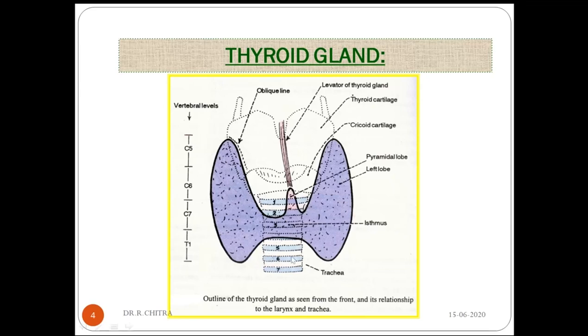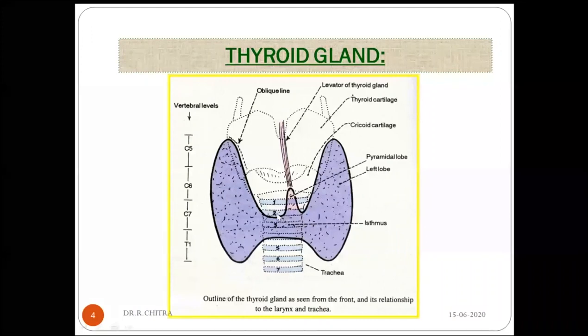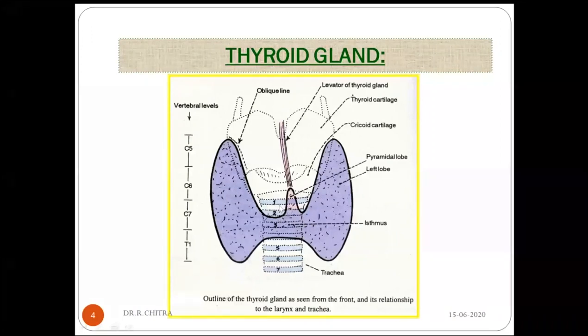This is a very important clinical point. All the students should note. What is the clinical importance? For example, you want to open the trachea for some procedures. That procedure will be called tracheostomy. So if you want to open the trachea, you have to open above the thyroid gland or below the thyroid gland.